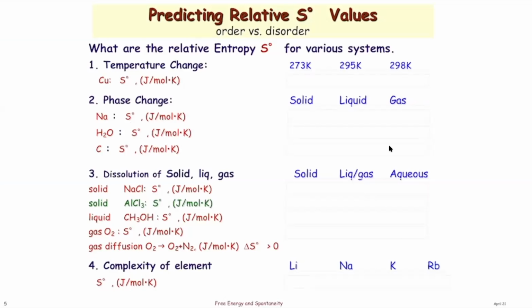And so when we look at different systems, and this is related to your first question in your activity, we want to see, okay, which one has more chaos? That's what we're addressing. Copper at 273, copper at 295, copper at 298. Well, temperature plays a role because temperature monitors molecular motion.